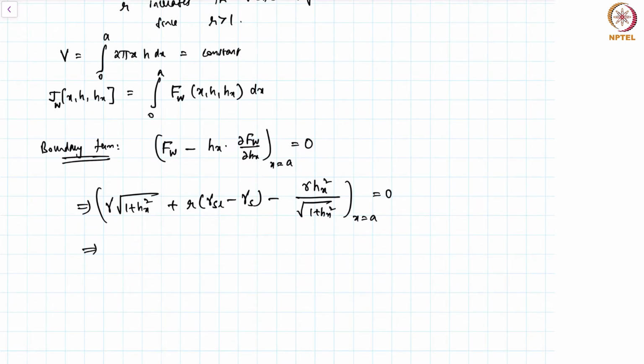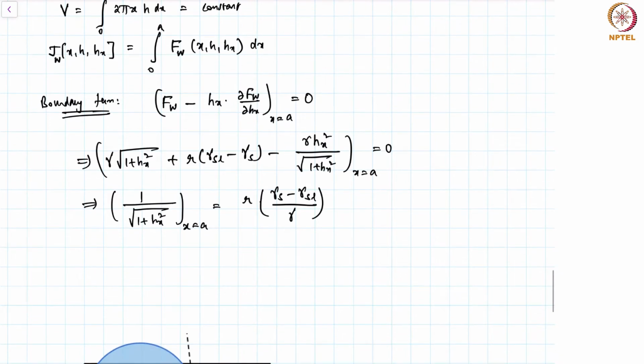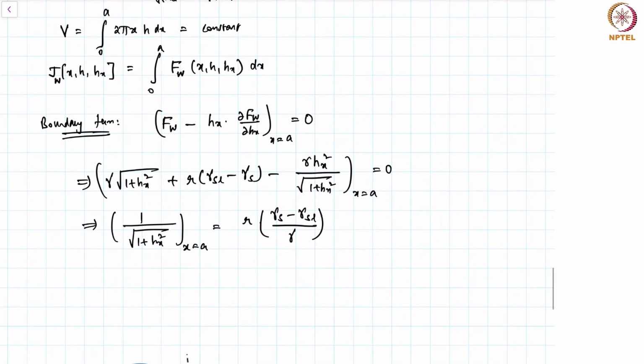Therefore, if I simplify this, let me write it slightly differently. We have 1 by square root of 1 plus hx square evaluated at x equal to a, and this essentially becomes r times gamma S minus gamma SL divided by gamma, right? Now, the first quantity that you see here is clearly the Young's angle.